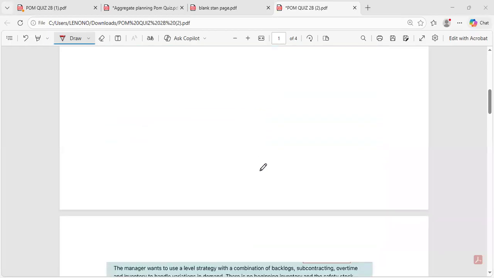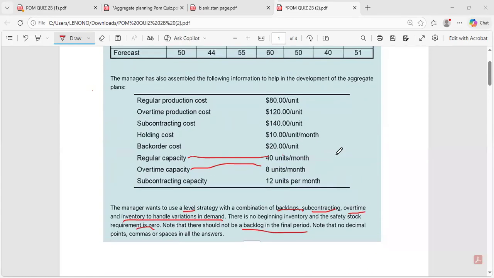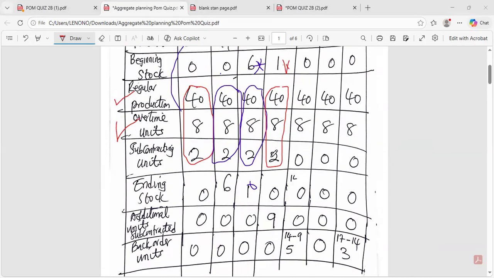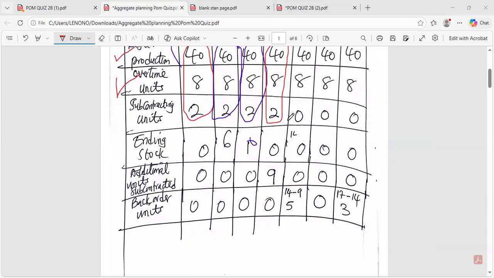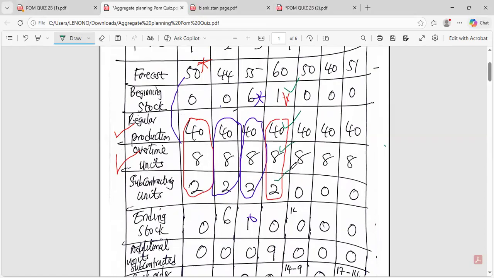So from here we can see the maximum capacity of units that were subcontracted was in month 4, where we have the beginning stock of 1 plus what you have produced, which is 40 plus 8 plus 2. These come from the level production.